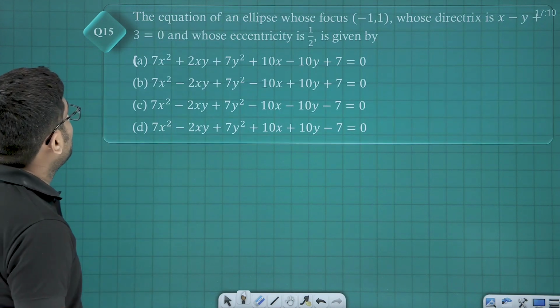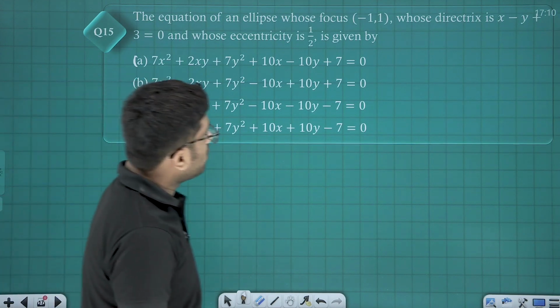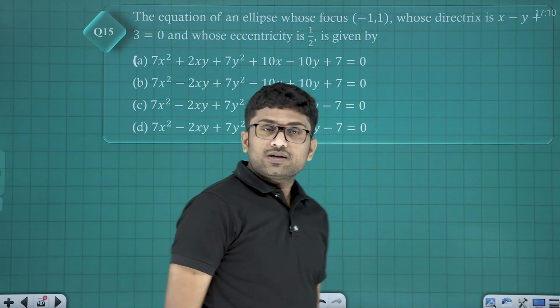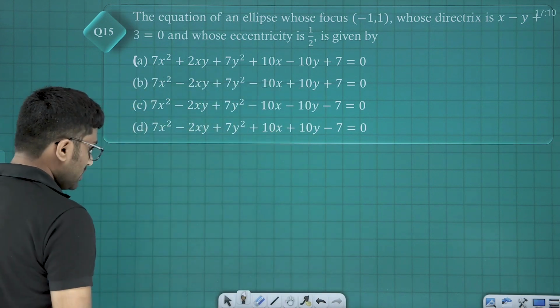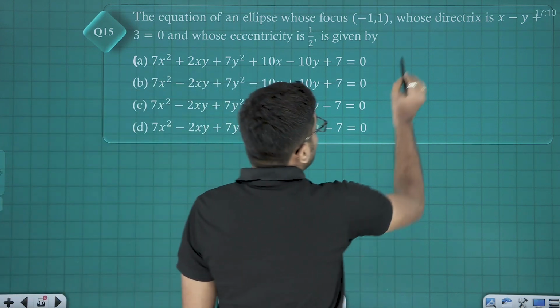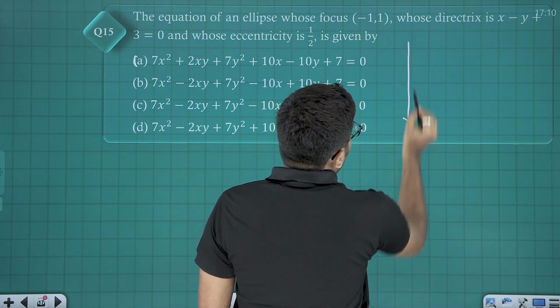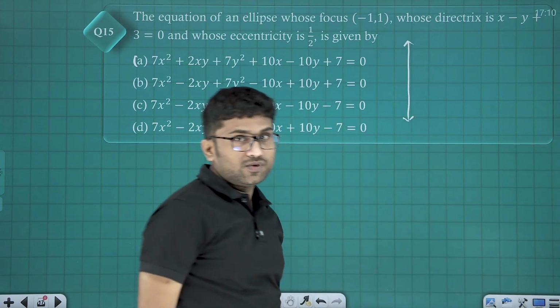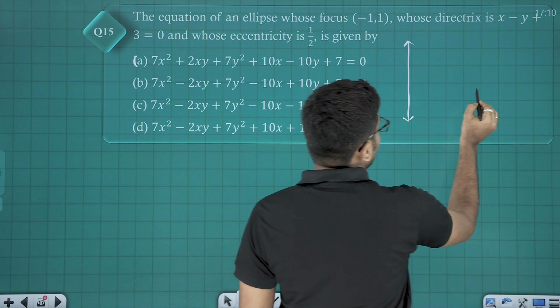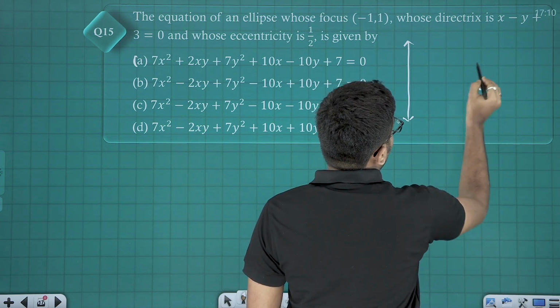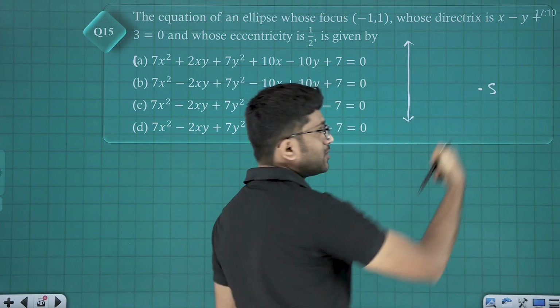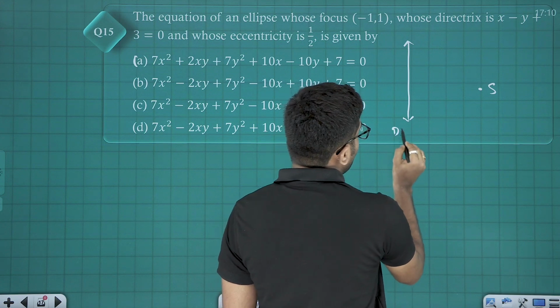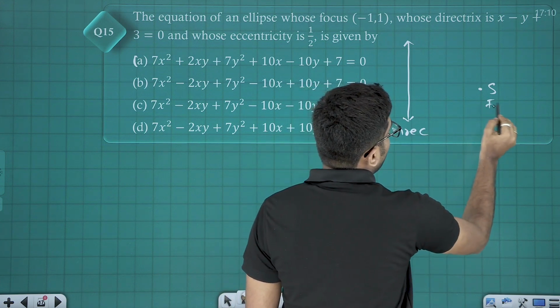Next question. The equation of an ellipse whose focus is given and directrix is given. So the general form of the ellipse, friends. We all know the locus of a point which moves in the plane such that the ratio of its distances from a fixed point to a fixed line, the fixed point is the focus and the fixed line is the directrix.